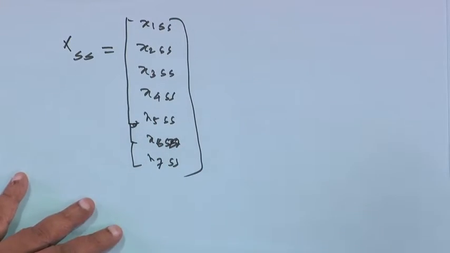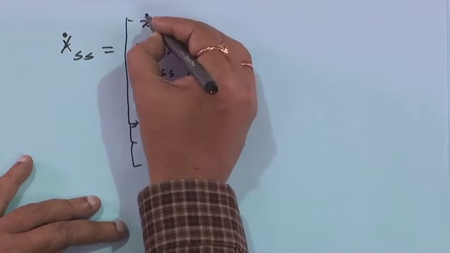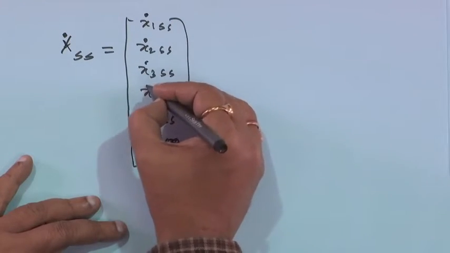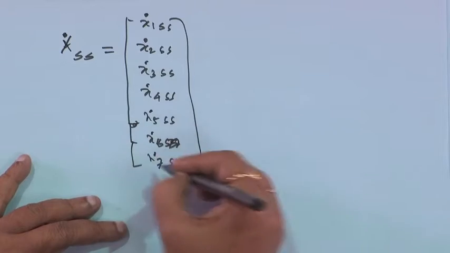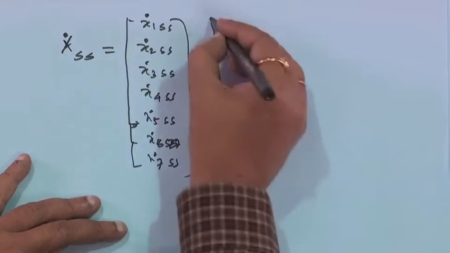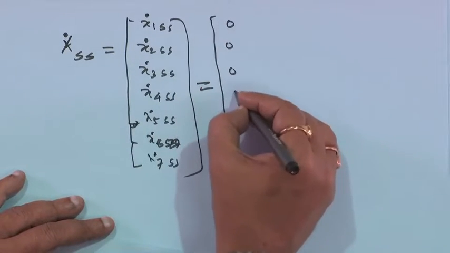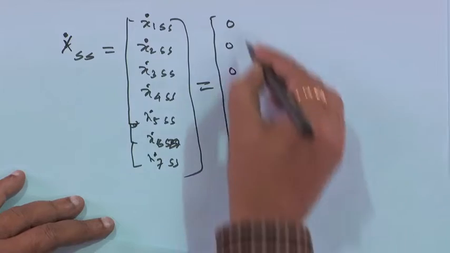If you take x SS dot, then x1 steady state dot, x2 steady state dot, all the steady state dots. When all the state variables reach steady state, the derivatives will be 0, all 7 zeros.